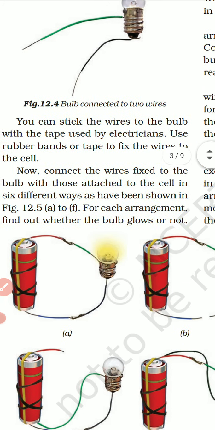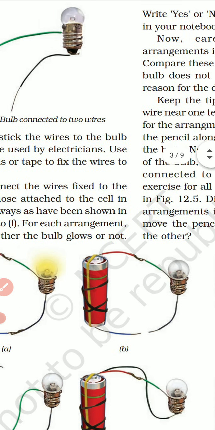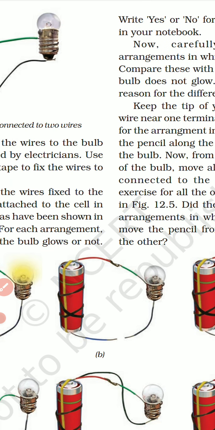Children, you have to first tell me whether the bulb glows or not for each arrangement. If not, why? Now let me tell you, between the bulb and the electric cell there has to be a continuous flow, meaning the wires should be connected. All the wires should be connected and 2 terminals should be joined to each other.